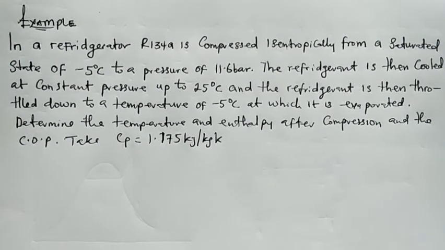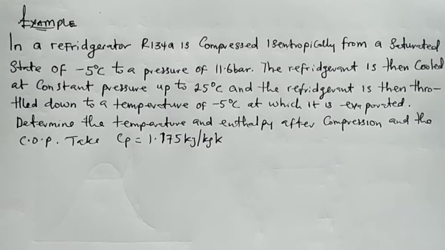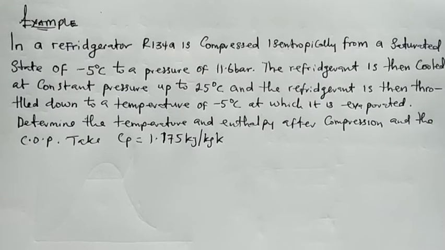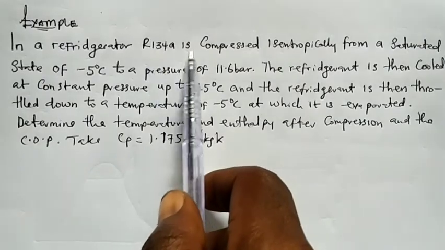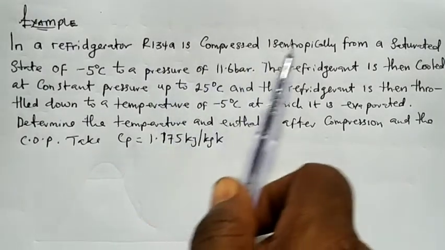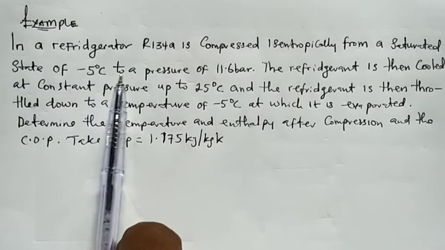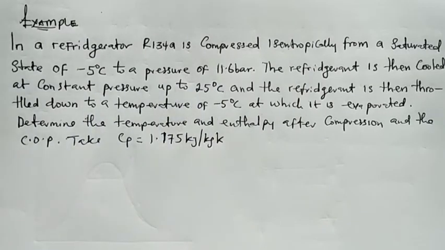Today we'll be looking at an aspect of R&A which is called vapor compression system, and the question goes like this. In a refrigerator, R134A is compressed isentropically from a saturated state of -5 degrees Celsius to a pressure of 11.6 bar.